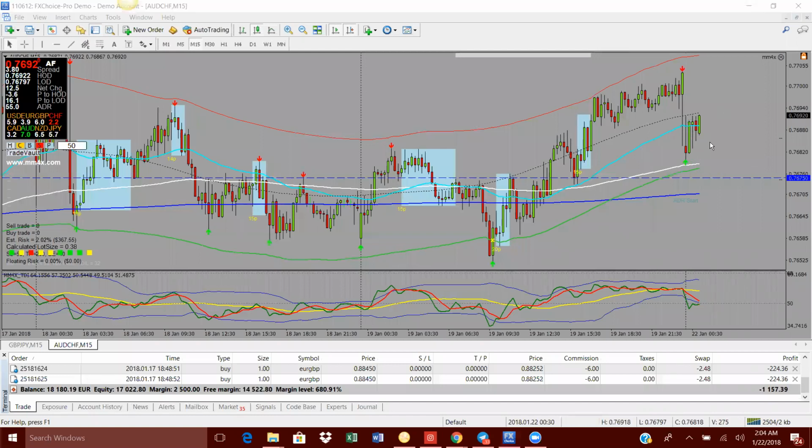CHF is very weak, and the price should go up. So that's why it's going up now. That's a pair to trade now if you want to trade AUD CHF.